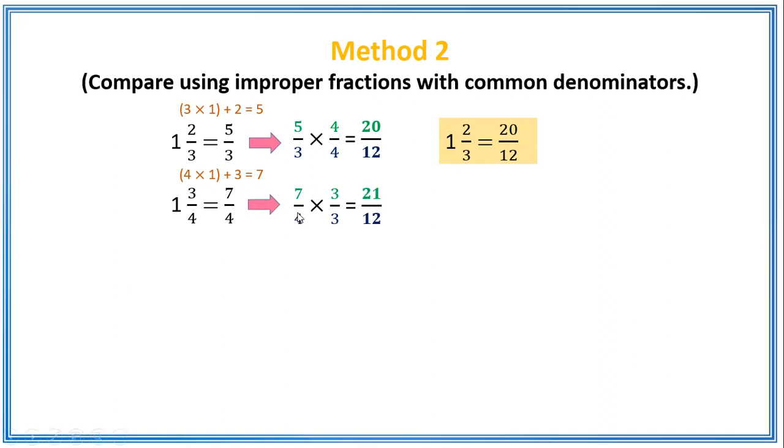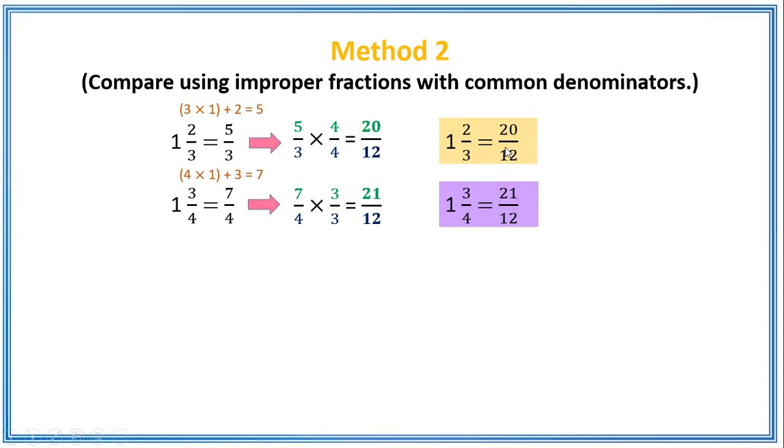So here we need to multiply 7 out of 4 by 3 out of 3 to get a denominator of 12. So 7 times 3 is equals to 21. 4 times 3 is equals to 12. So 1 and 3/4 is equal to 21 out of 12.